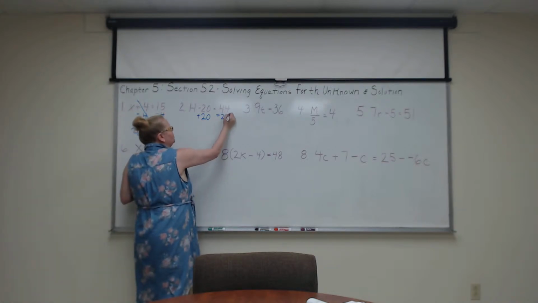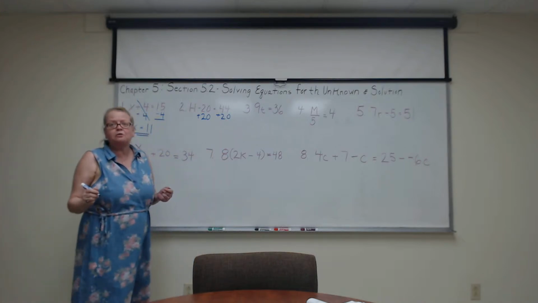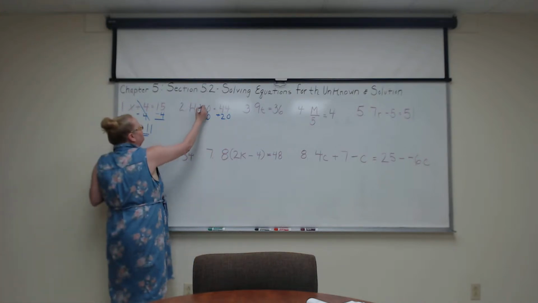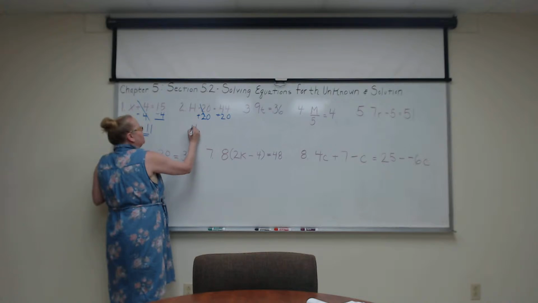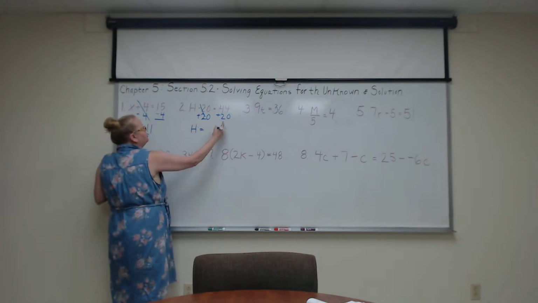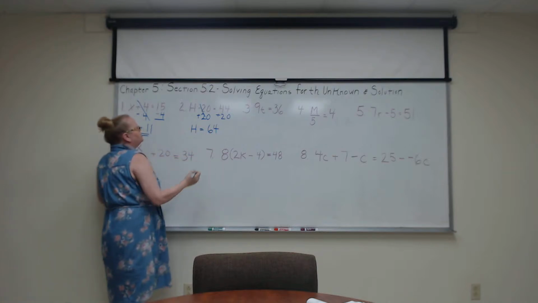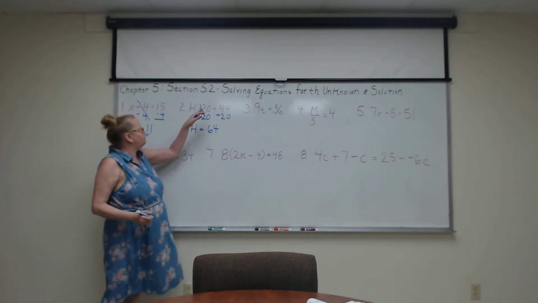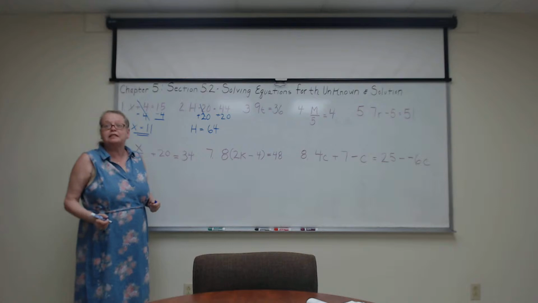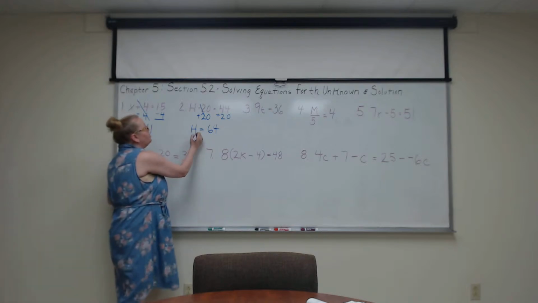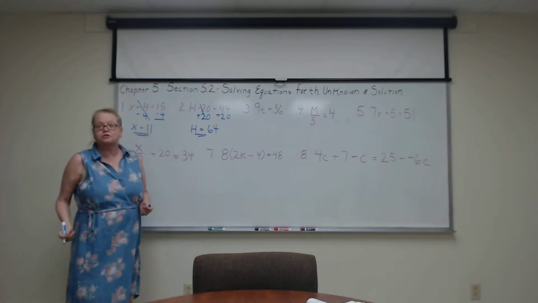But again, what we do to one side of the equation, we have to do to the other. So we end up with h equals 44 plus 20 makes 64. So we plug that in. 64 minus 20 does indeed give you 44. So you know your answer is correct.